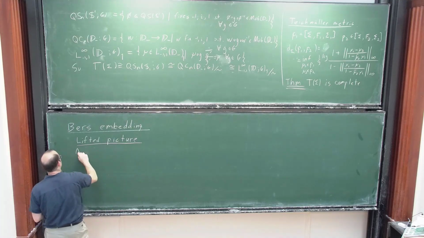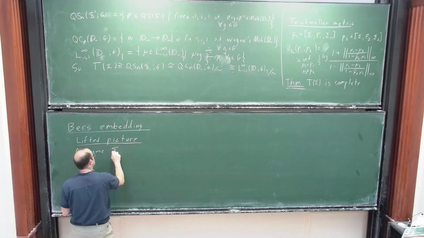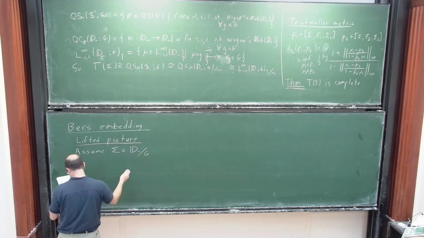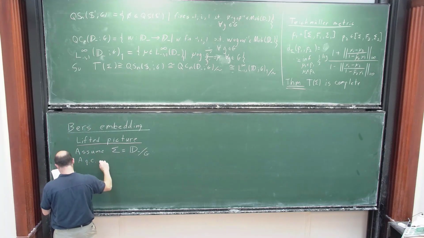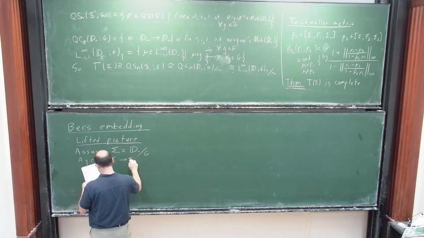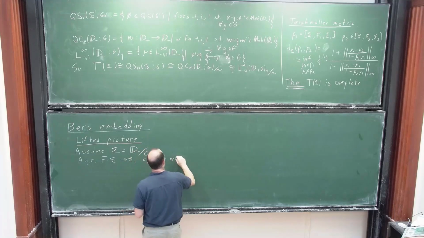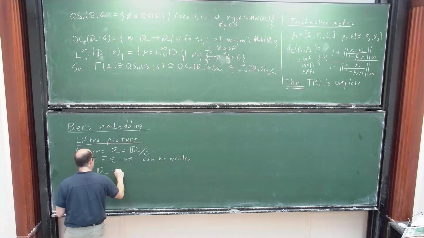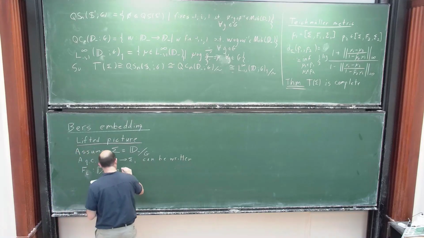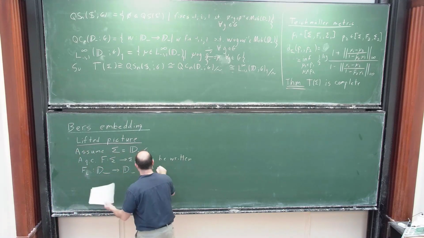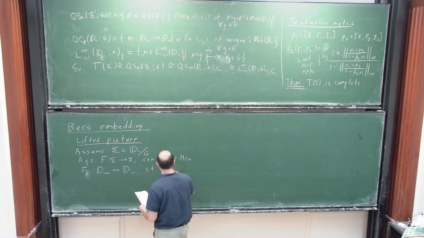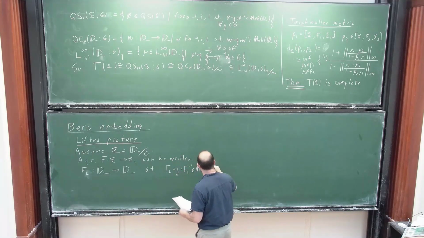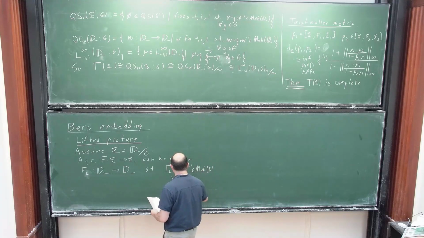So again, we're just going to assume the Riemann surface is covered by the disk, modulo a Fuchsian group G. So then a quasi-conformal map F from sigma to sigma 1 can be written, I'm going to call it F_L, from the disk to the disk, L for lifted, such that it satisfies this intertwining property that F_L of G of F_L inverse is the Mobius transformation for all G in the Fuchsian group.